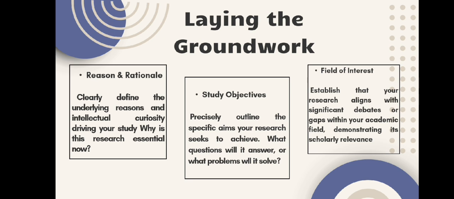The study objective is to measure how much plastic waste is on the sand, find the main sources of the waste, and suggest simple ways to reduce it. The last one is field of interest. This research falls under environmental studies and can help improve waste management, protect marine life, and keep the beach clean for future visitors.